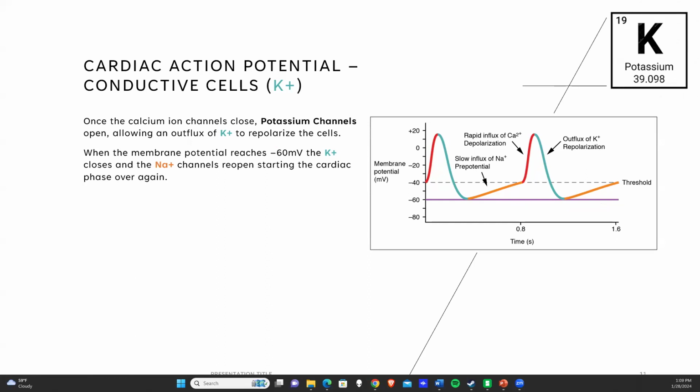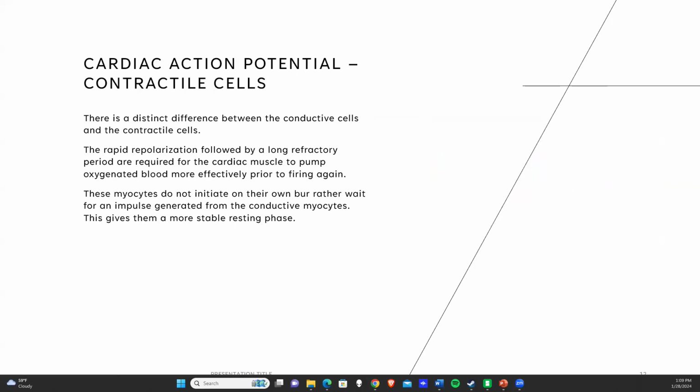With the potassium channels open, the cell membrane can reestablish its negative 60 millivolts that it needs to reopen the sodium channels and begin the process all over again. This is seen by this turquoise bluish line until it reaches the most inferior portion of the line, and then it begins again with the sodium ion channels opening up.